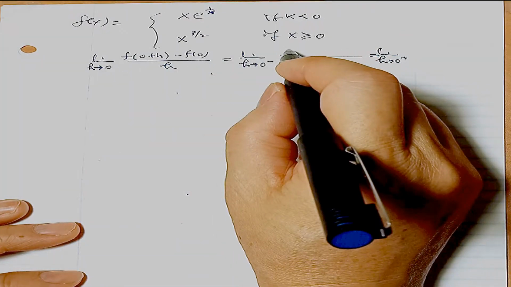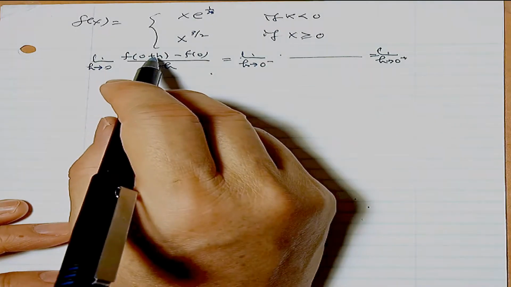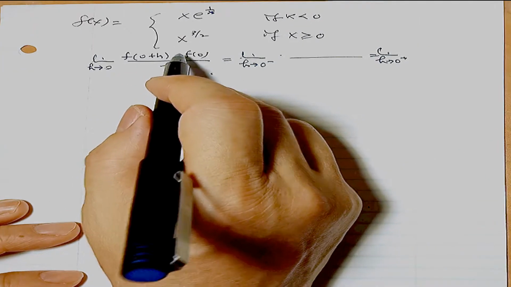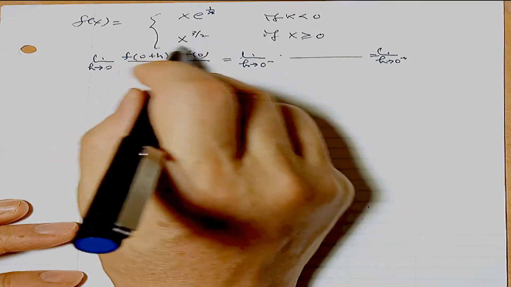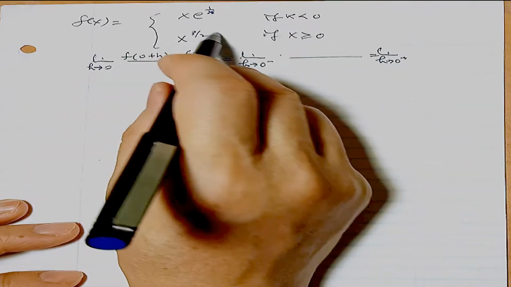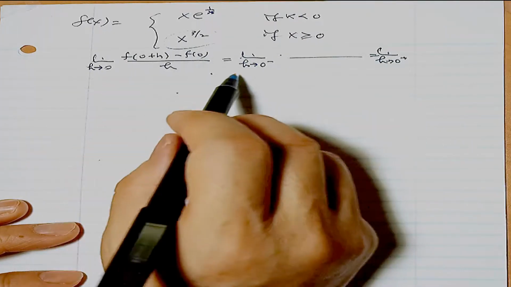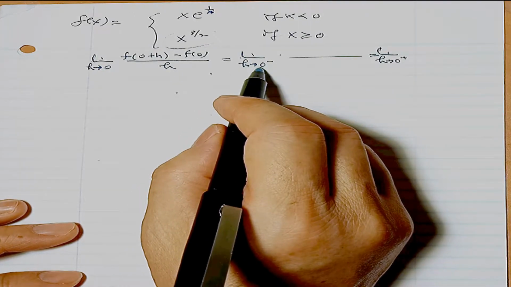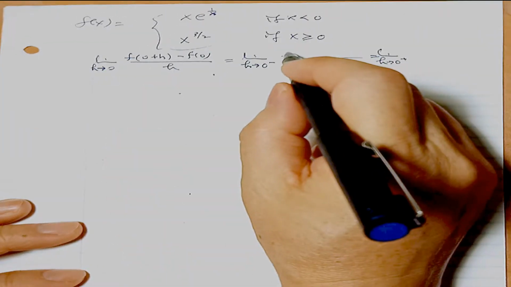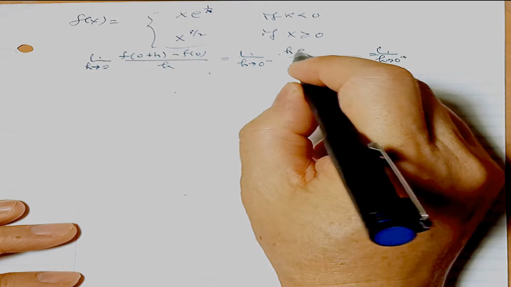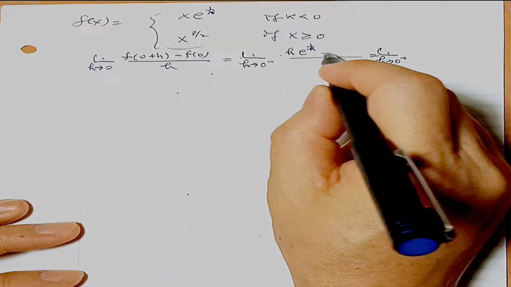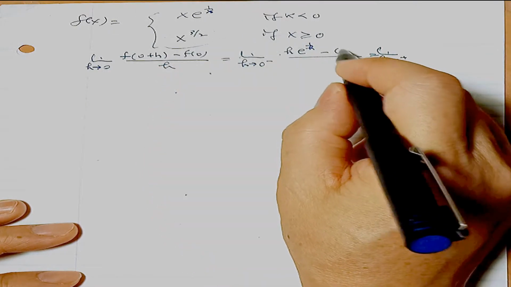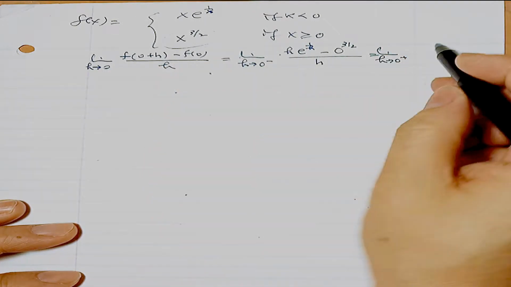For f of h, I'm falling in this area where h is negative, sorry, h is negative from this one, positive from this one. So for this one, I need to use this function. That will be h e to the 1 over h minus f of 0, which I have to use 0 here, so 0 to the 3 halves over h.